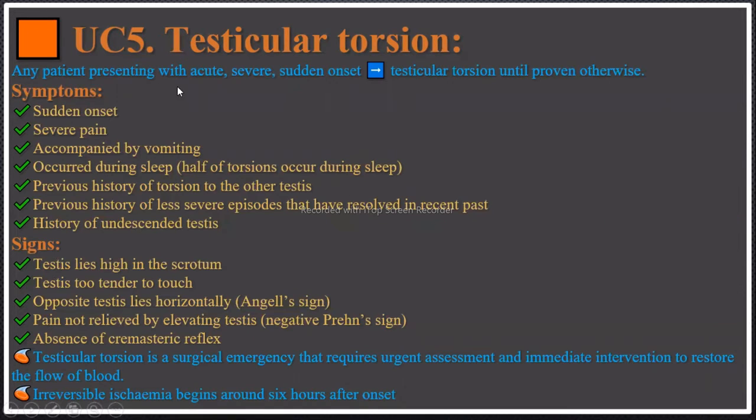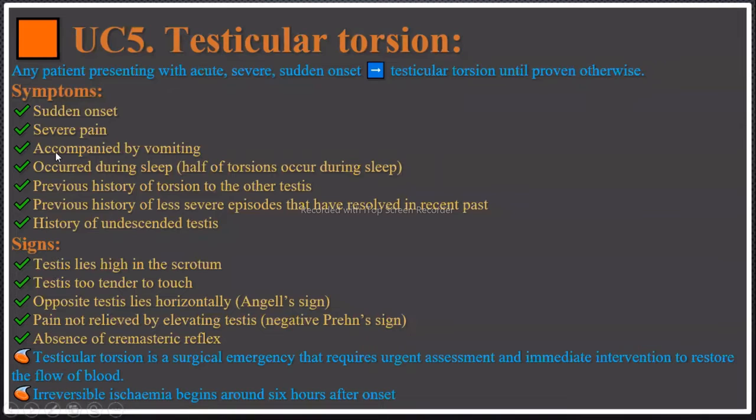Any patient presenting with acute, severe, sudden onset testicular pain is testicular torsion until proven otherwise. In the exam, any scenario of testicular pain, I will not even say acute, severe, sudden onset, I will say any patient with testicular pain is testicular torsion until proven otherwise.